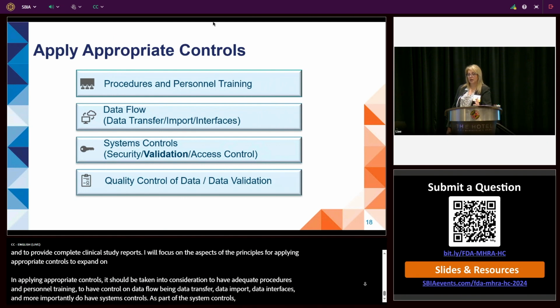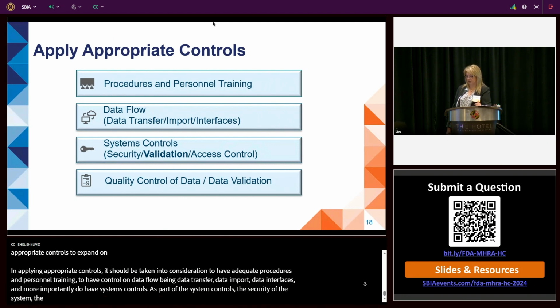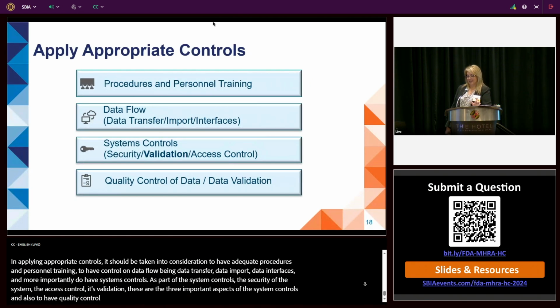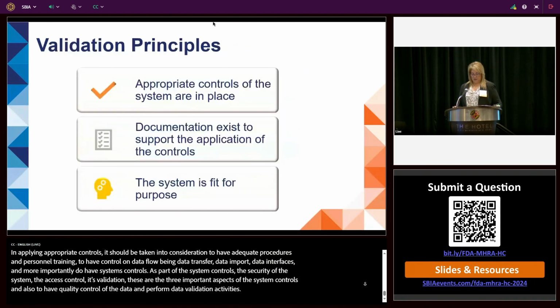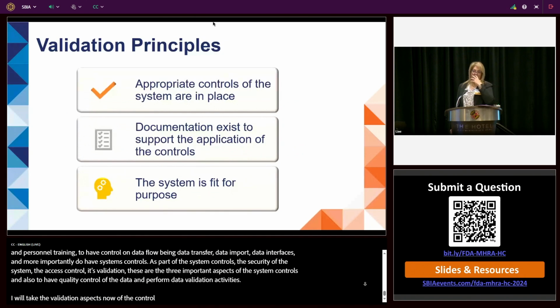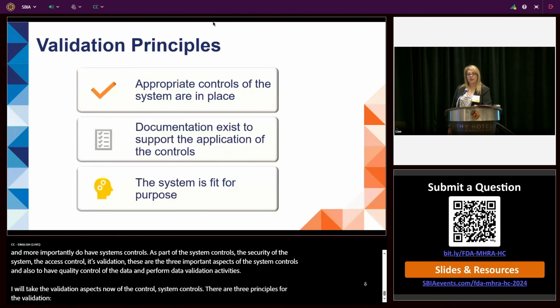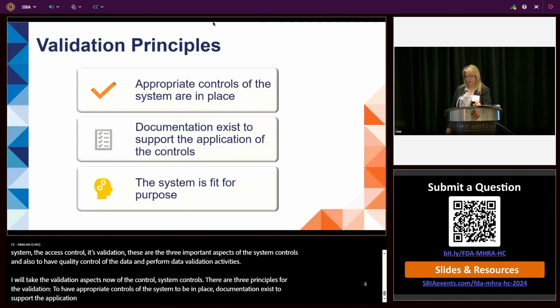These are the 3 important aspects of system controls, and also to have quality control of the data and perform data validation activities. I will take the validation aspect now of the system controls. There are 3 principles for the validation: to have appropriate controls of the systems to be in place, documentation exists to support the application of those controls, and the systems is fit for purpose.